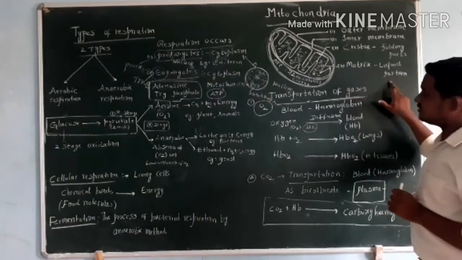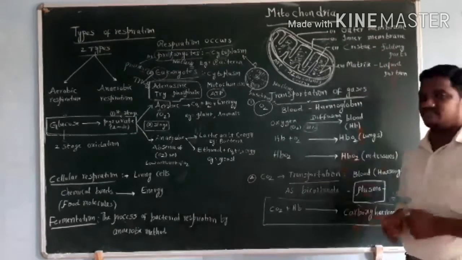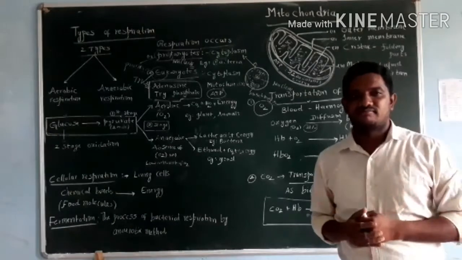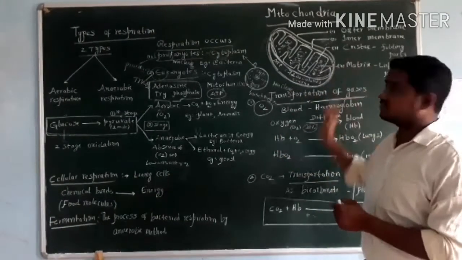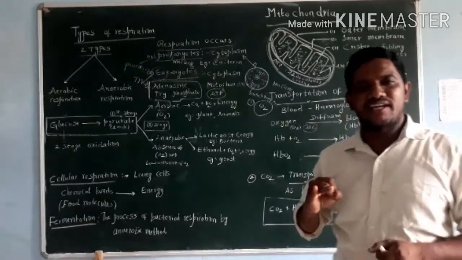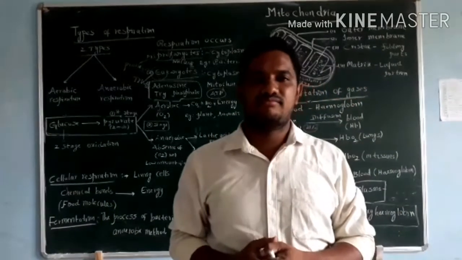The fluid portion inside the mitochondria is called the matrix. These are the parts in mitochondria. Very important for the exam question. Outer membrane, inner membrane, cristae, matrix.